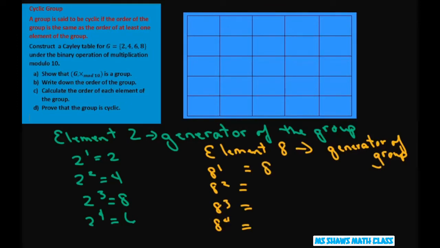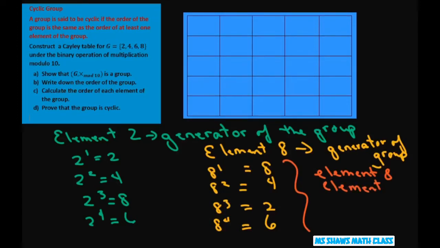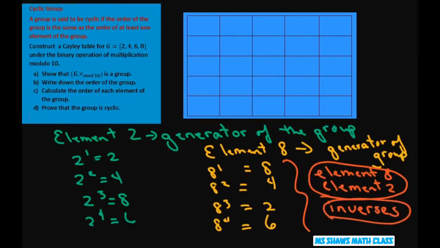So this would be 8, 4, 2, and 6. And it's good to note that the element 8 and element 2 are inverses of each other. That's a big note for that.